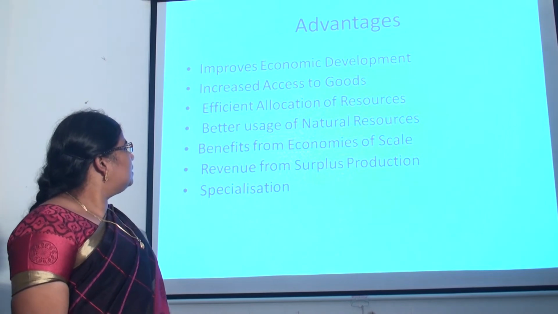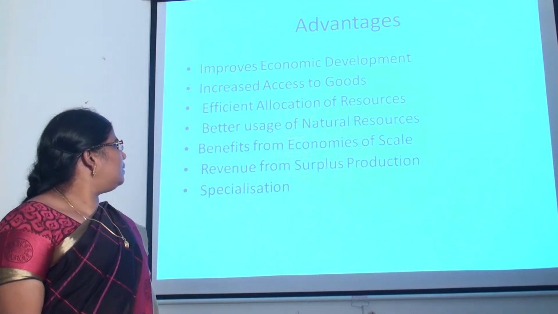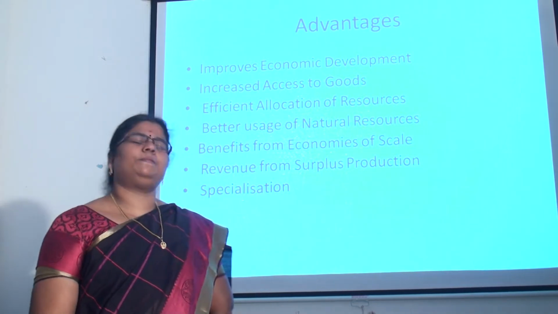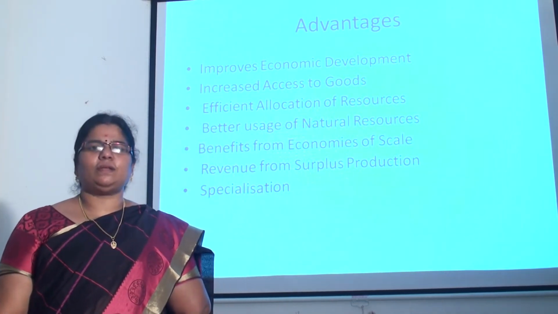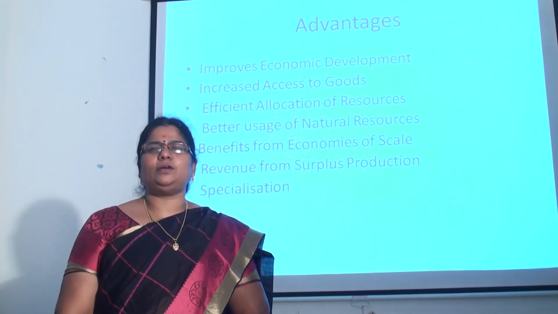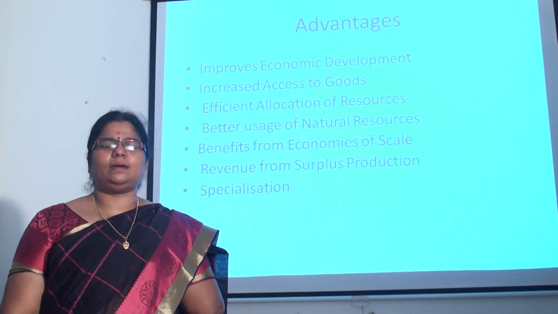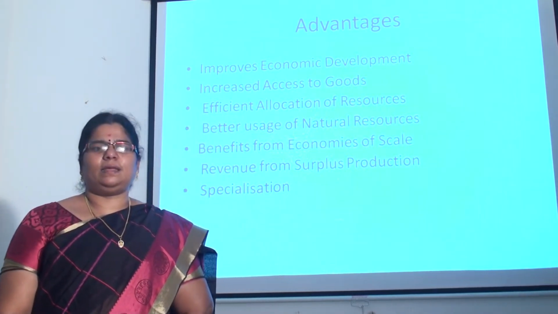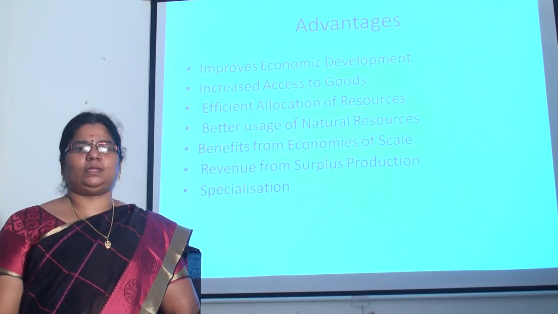Next advantage of international trade is efficient allocation of resources. Efficient allocation of resources is possible in international trade compared to domestic trade, that is home trade. Underdeveloped and developing countries efficiently utilize their resources.